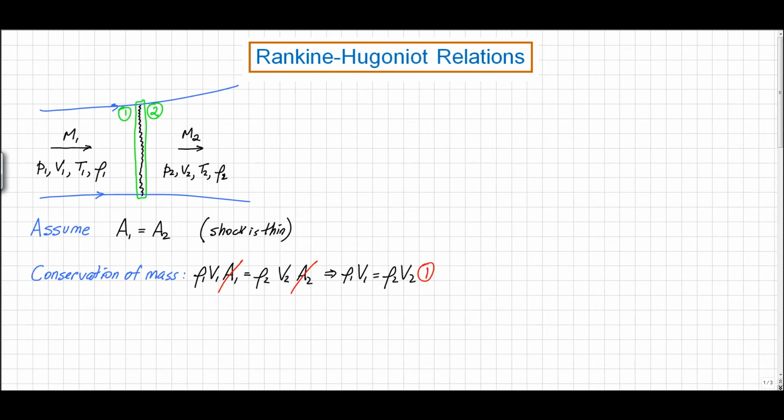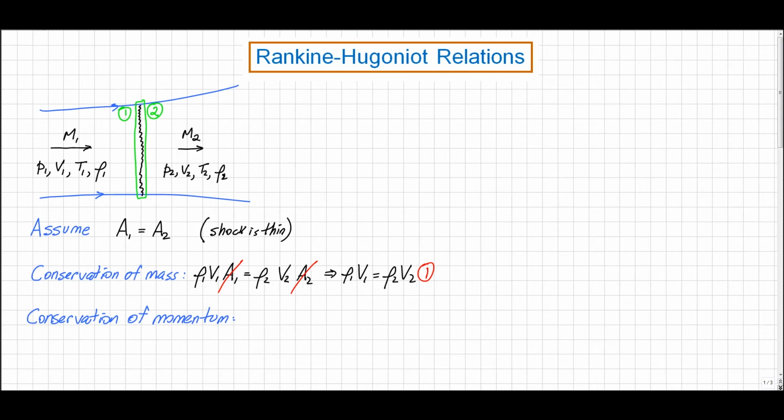So we've conserved mass. Let's move on to conserve momentum. Now, the form that we're going to look at for the conservation of momentum is that any forces acting on the control volume must lead to a change in the momentum of the flow.